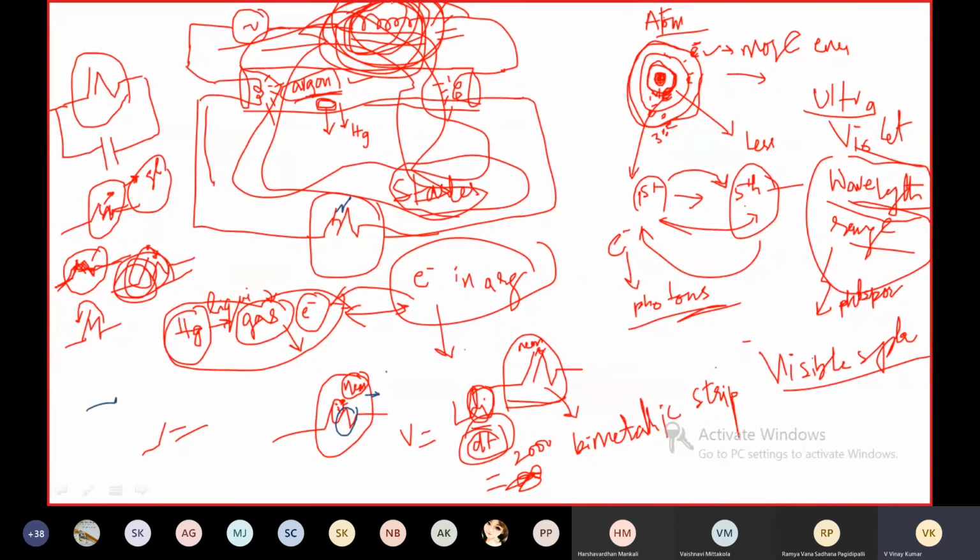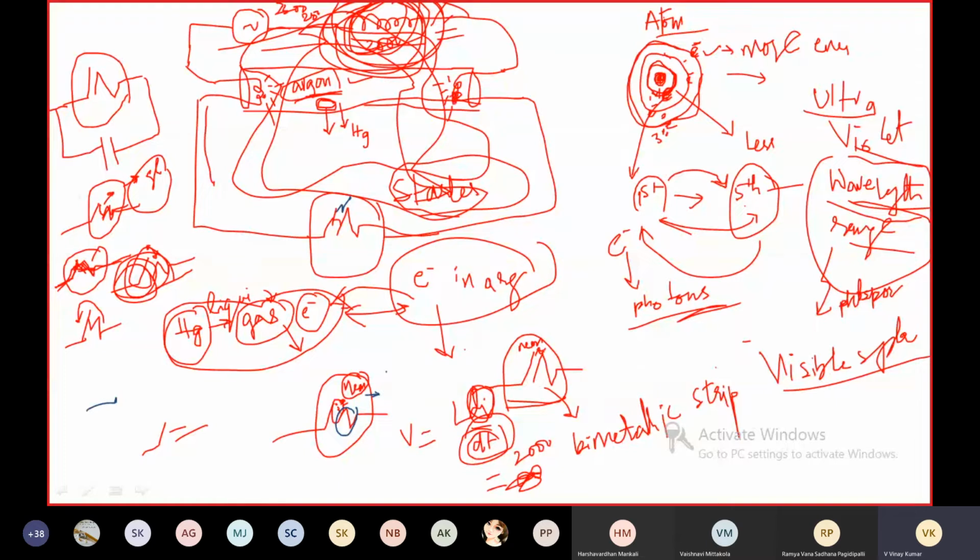Generally the voltage would be around 2000 or 2500 volts. This 2500 volts plus the applied voltage of 230 volts, around 3000 volts, will be applied between two electrodes.